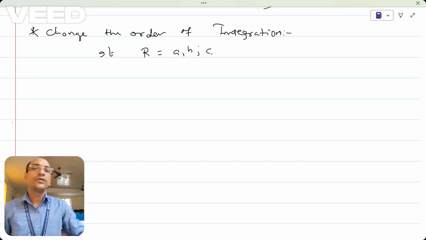that means limits of x are a and b, limits of y are c and d.